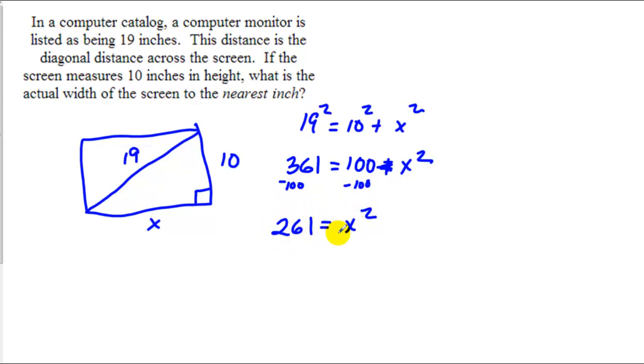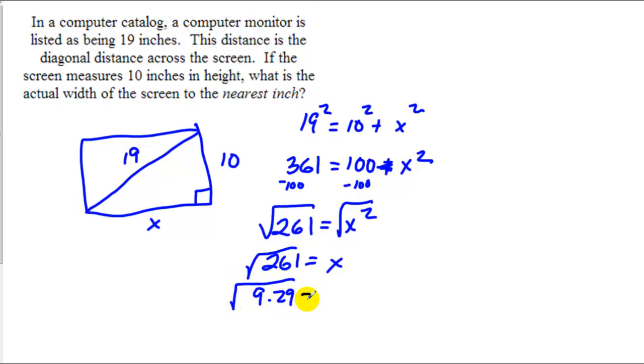If I want to get x by itself, square root both sides, and I get the square root of 261 is equal to x. Turns out that 9 actually goes into 261 a total of 29 times. So I can simplify this to an exact value of 3 root 29.